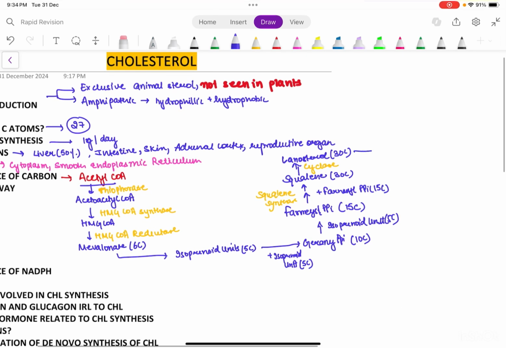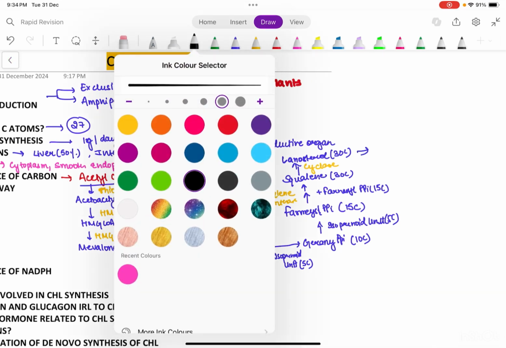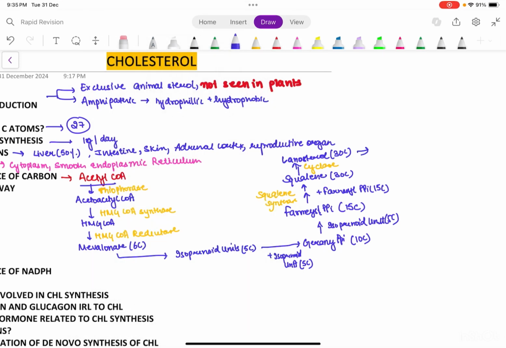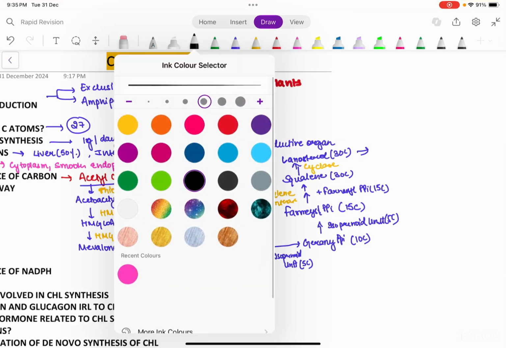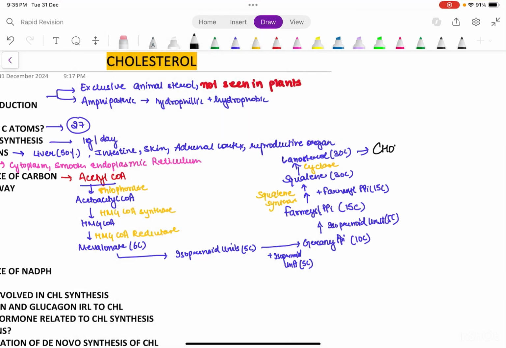Now this lanosterol will form cholesterol. All right, 27 carbon. Here also changes are occurring. I will tell you after some time. But now you just need to know this much.